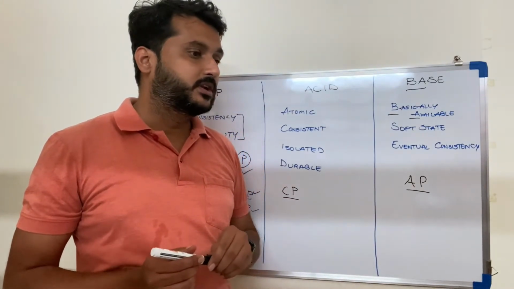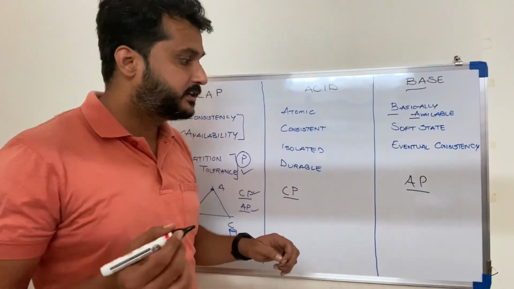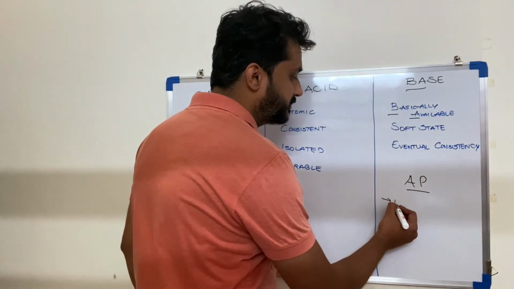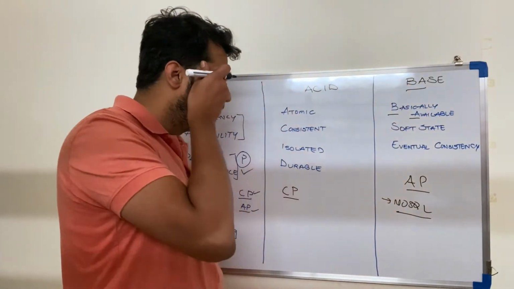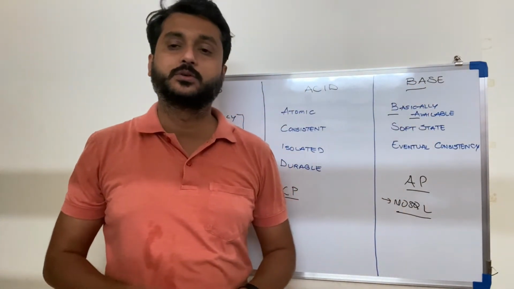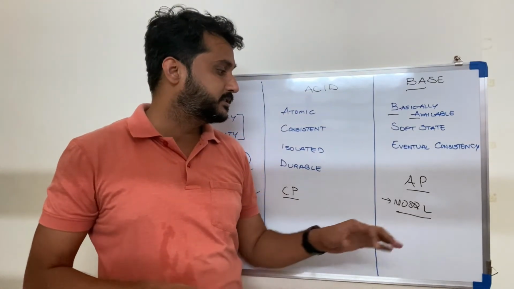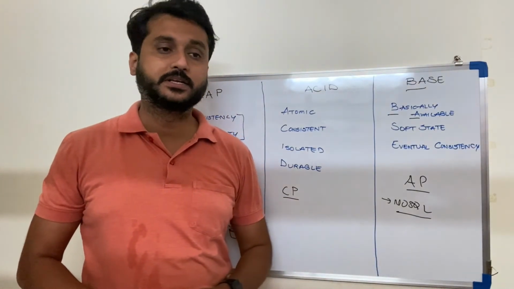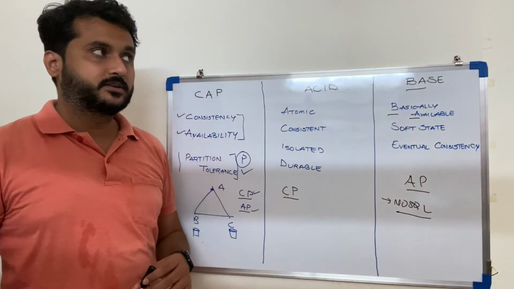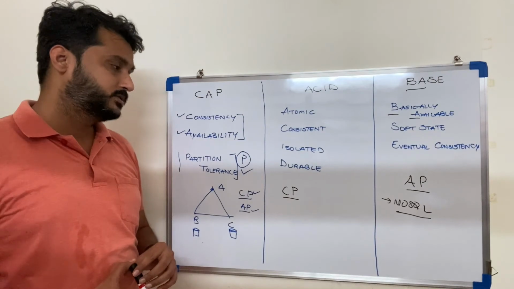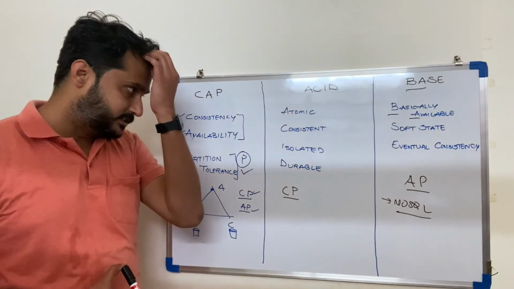The recent spike of databases that we see in NoSQL are BASE compliant. Even in the cloud, Amazon DynamoDB is a BASE compliant database. So this is what we see in terms of the databases which we can use in a distributed system.